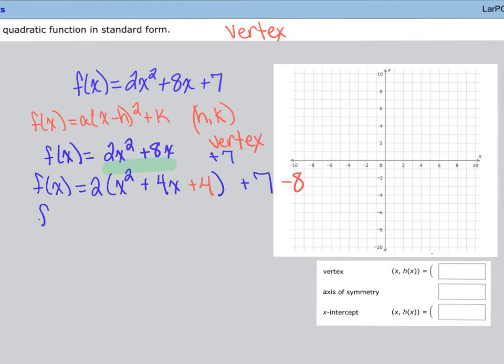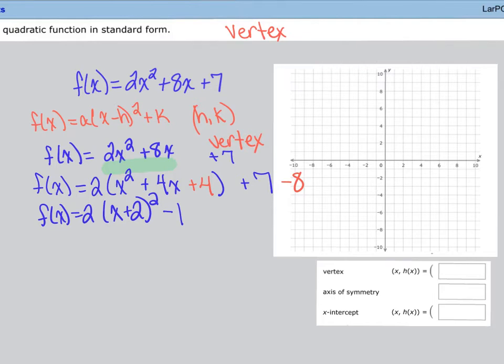Okay, so I have f of x equals 2 times (x plus 2) squared. Okay, that's a perfect square trinomial by design. X squared plus 4x plus 4 factors to (x plus 2) squared. And then I'm left with minus 1.